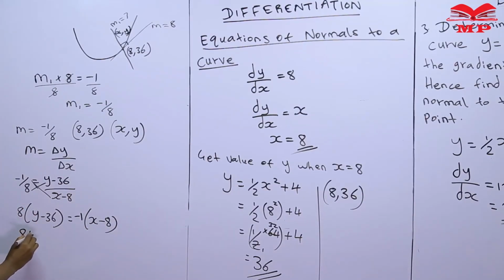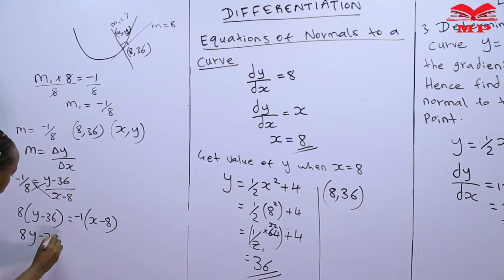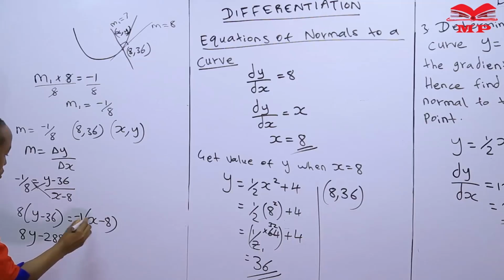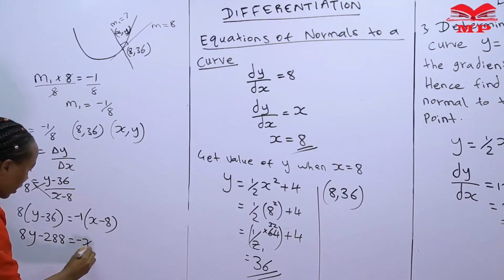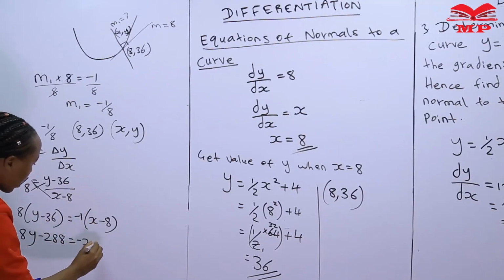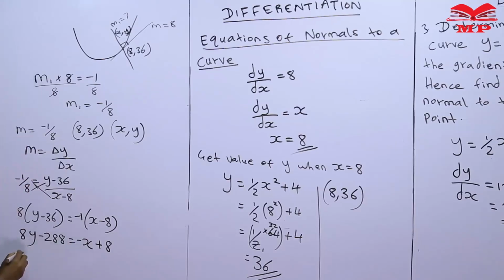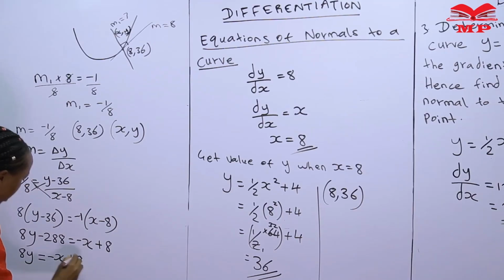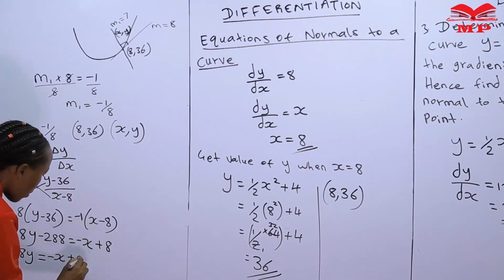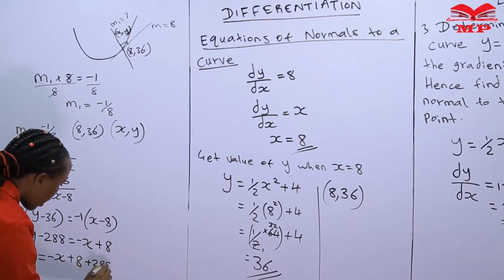We have here 8y. Then we have 36 multiplied by 8, that is 288. We have minus 288 is equal to -x, then negative and negative, plus 8. So we have 8y is equal to -x plus 8, and when we take 288 to the other side, we'll have plus 288.